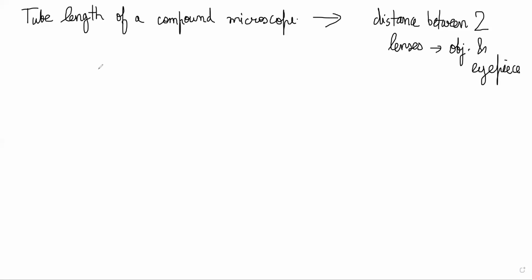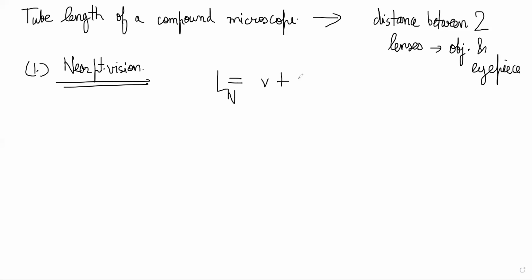Now, there are two cases in which you can operate the compound microscope. One is the near point vision case, which we just drew. In the near point vision case, the tube length would be V plus UE. V was the distance from here, and UE was the distance from here.